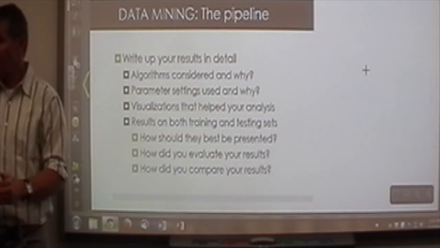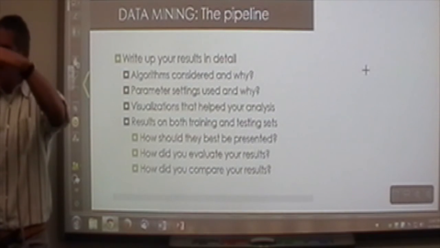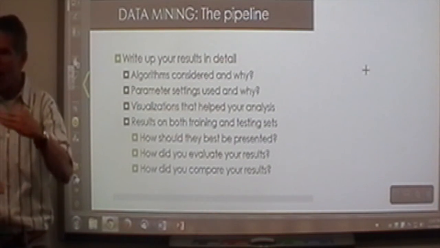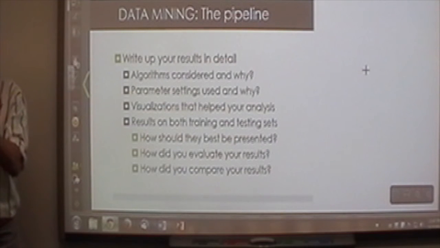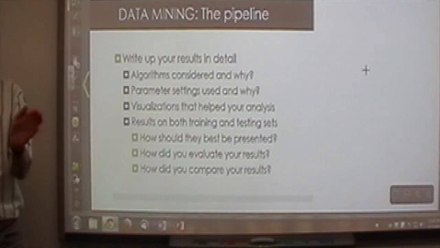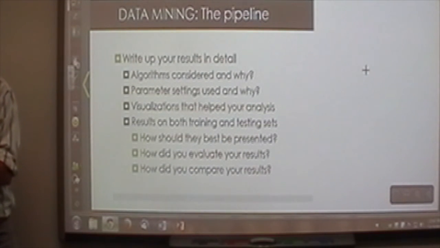Kinds of questions that come up. So the more precise and specific you get as you write up everything in detail, the more you discover flaws in your procedure. When you've done write-ups for any class, have you ever discovered that? Yeah.